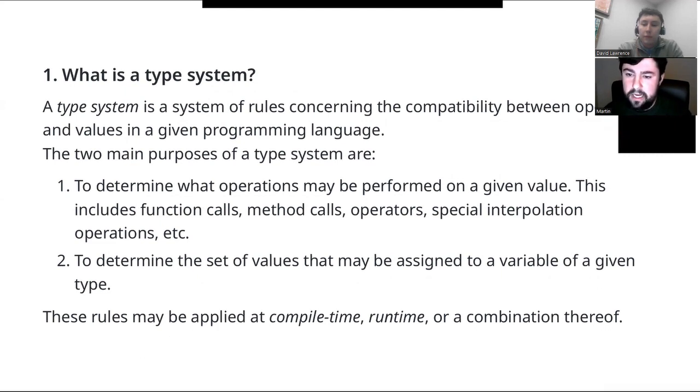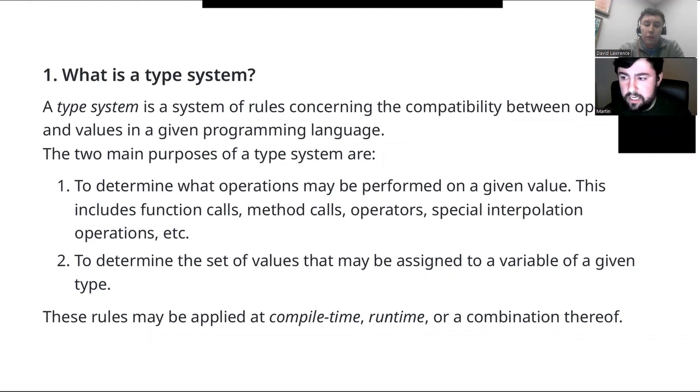So it's built into the central definition of the language, and then implemented by compilers and interpreters. It's a system of rules to determine what kind of values a certain variable can hold, and what operations can be performed upon those values. So if we have two numbers, for example, we can sum them together.